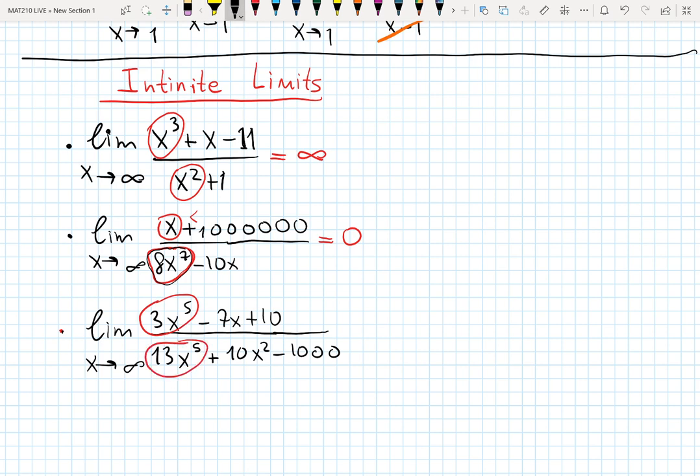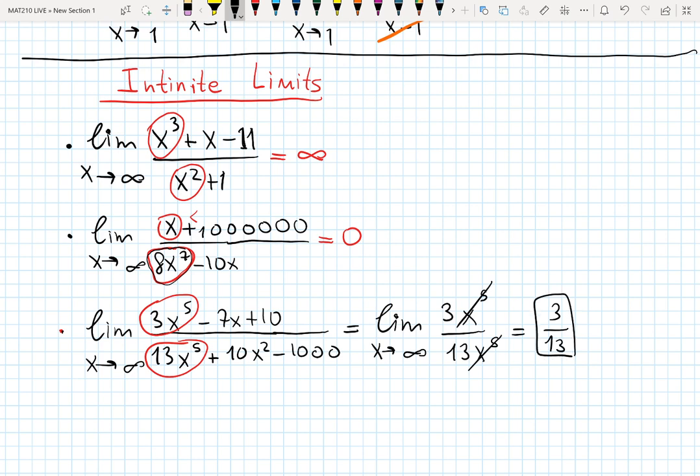If speeds are the same, you can actually write this down as a limit. x goes to infinity, 3x to the 5 over 13x to the 5. Since all other parts follow the leader, in the long run they will behave like leaders, so you can just completely ignore those tails. Well, x to the 5 simplifies, and the answer becomes 3 over 13.